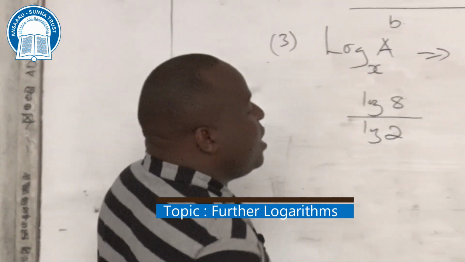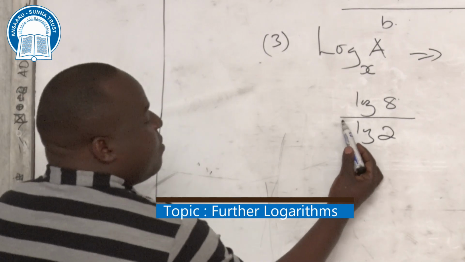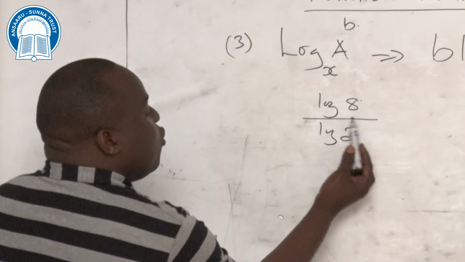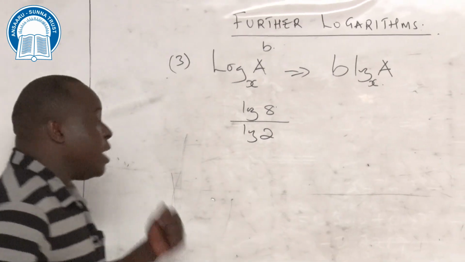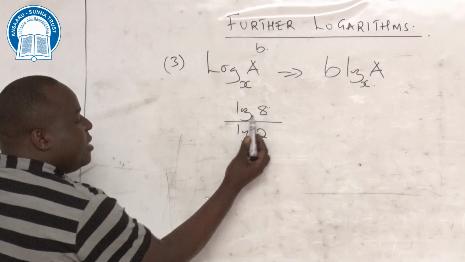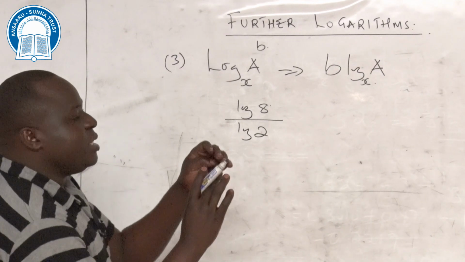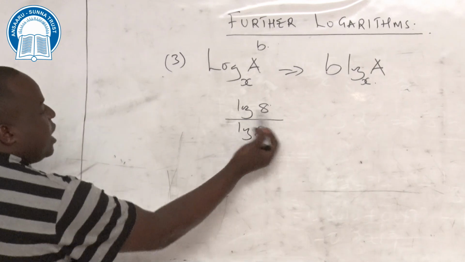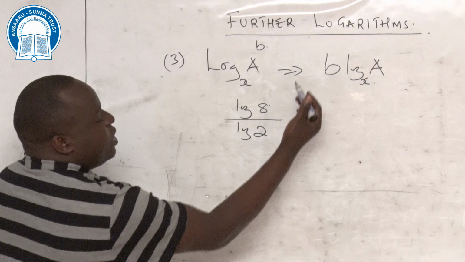So with this simple example, anytime you have a log over another log, with a divide sign in between, it means there is a way in which the numerator or the denominator, either of them, can be written in terms of the other. So looking at this and this law, I can write 8 in terms of 2 raised to 3.